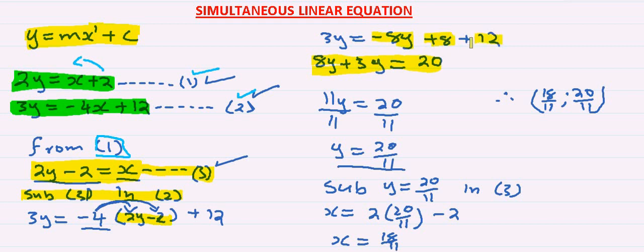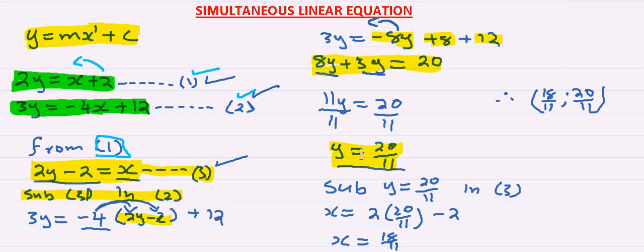Then we added 8 plus 12, we got 20. We transposed negative 8y to the left hand side, we got positive 8y, added to 3y equals 20. Like terms, 8 plus 3 is 11y. Divide both sides by 11. Then we managed to get our y value.